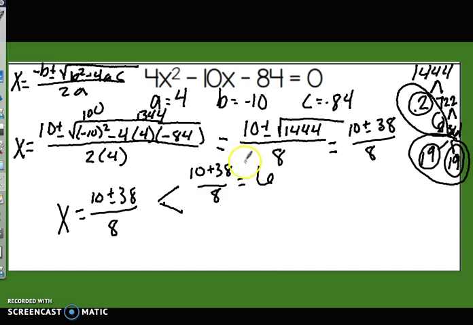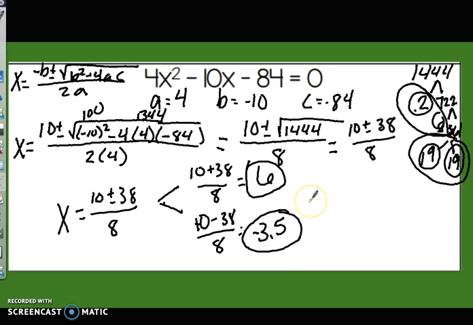Very good. There's one x-intercept. What's 10 minus 38? Negative 28 divided by 8. Negative 3.5. There are two intercepts. Very good.